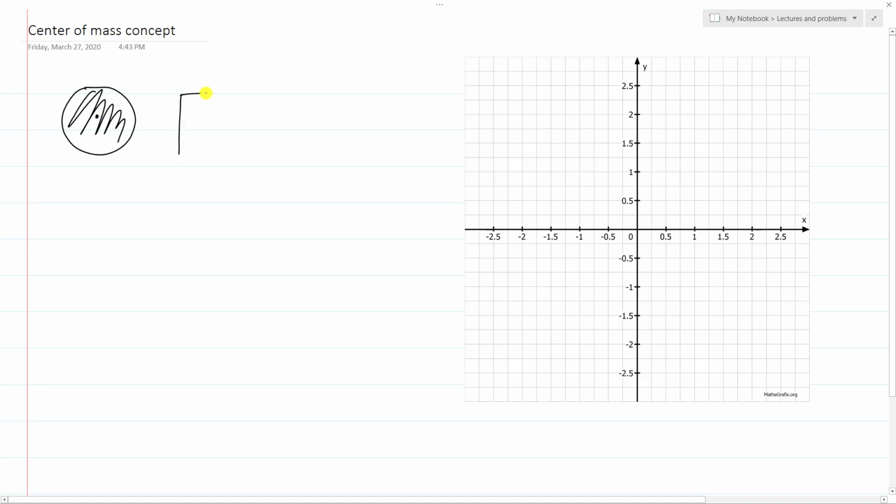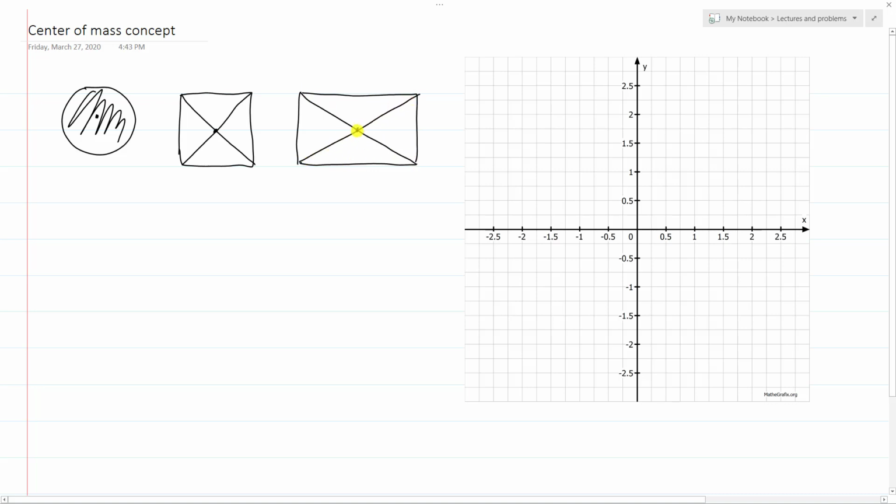And if I have, let me try a square. A square's center of mass should be the geometrical center of the square, which is here, right? If I have a rectangle, same thing. I'm assuming all these shapes have uniform density, so the center of mass is right there in the middle.